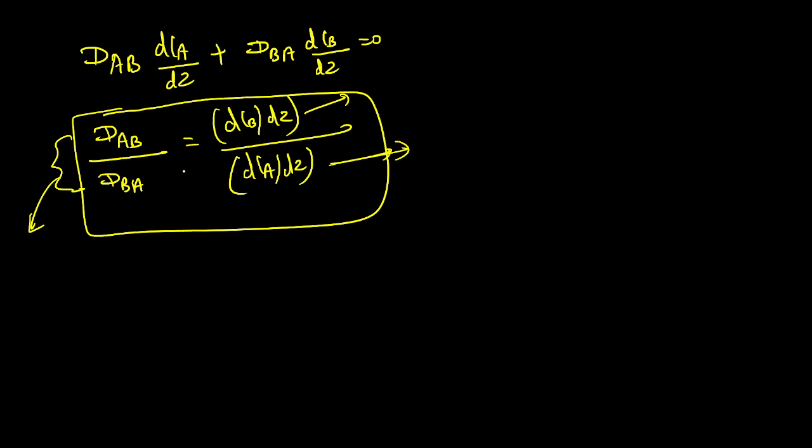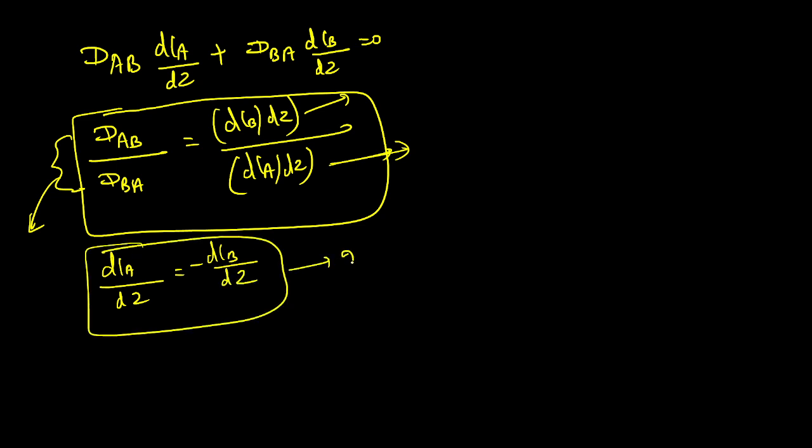Now the next thing is that for a binary mixture, what happens? We'll see that for a binary mixture, dCA by dz is equal to minus dCB by dz in the liquid. Why?